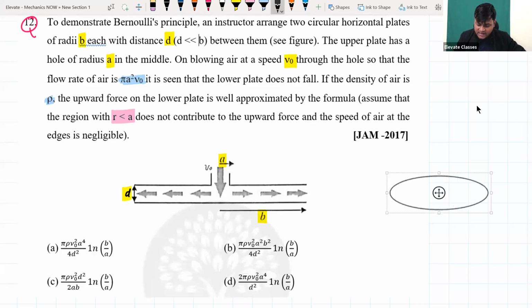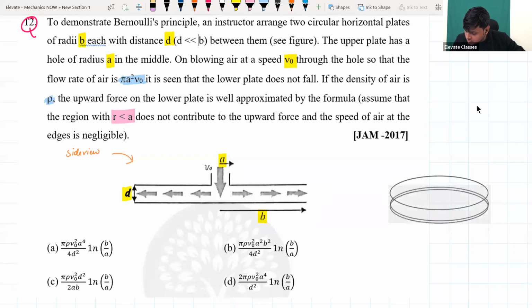This is just a side view, let's suppose. I'll remove this altogether.